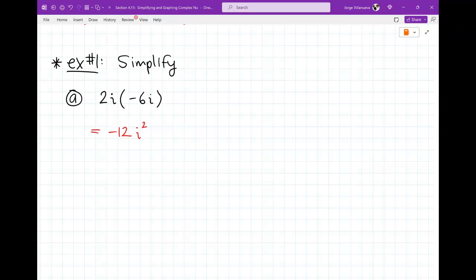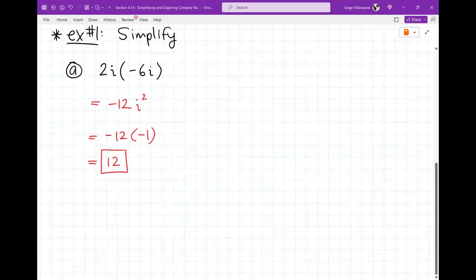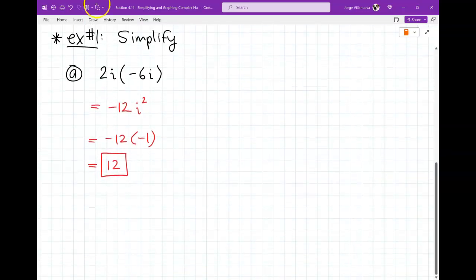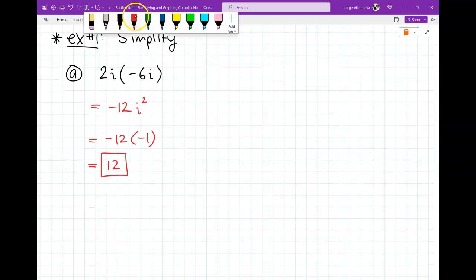But what's I squared? Negative 1. So negative 12 times negative 1. So your answer is 12. That's it. Okay? That's all you have to do for that one. Just simplify it. Okay, simplify it. Sometimes all the I values disappear. Sometimes there's a couple left over. We'll see. All right? So that was not too bad, right? So what about something like this?